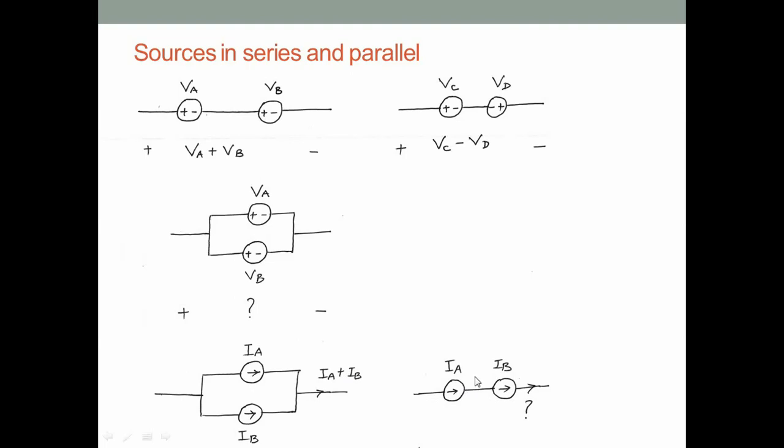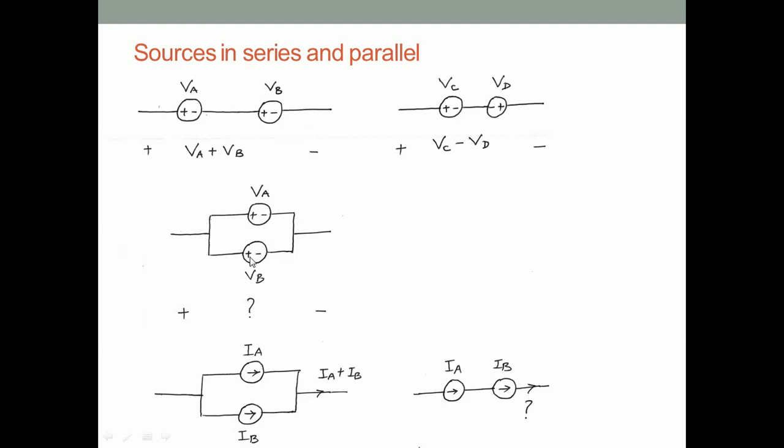This is the same case as this case, voltage sources in parallel, current sources in series. The answer is don't ever do this, right? You cannot connect two unequal voltage sources in parallel. This is equivalent to a short circuit, and an infinite current will flow in this loop. In fact, this is a peculiar example of where Kirchhoff's voltage law becomes invalid.